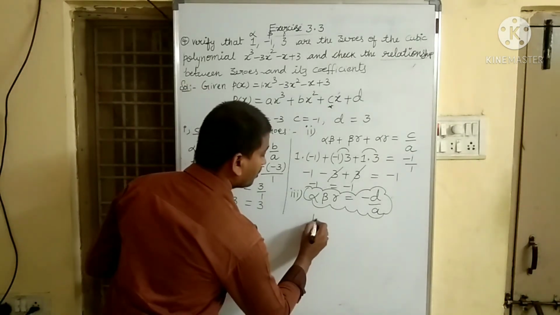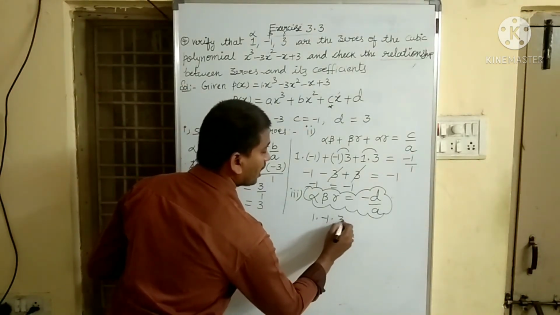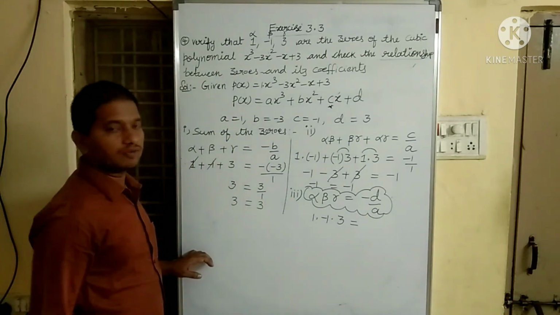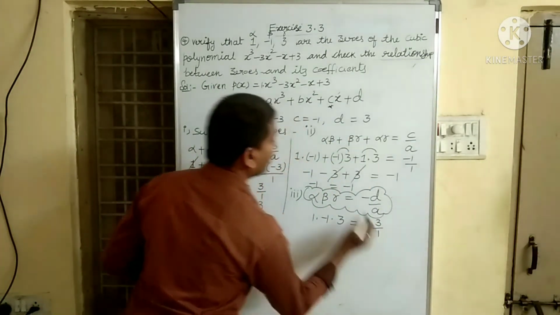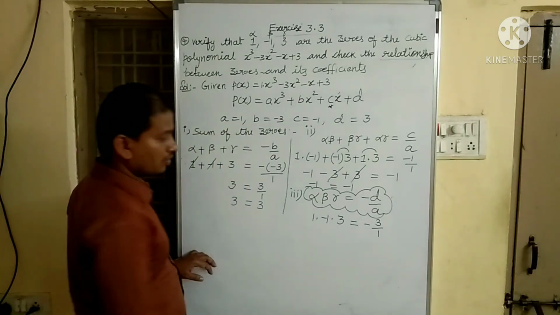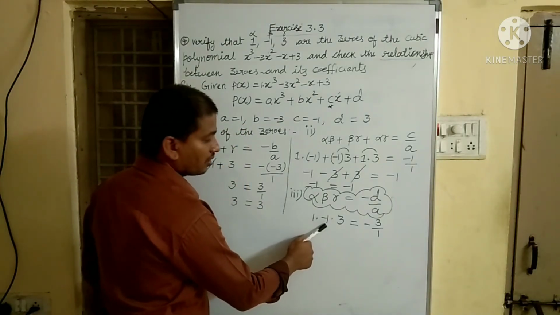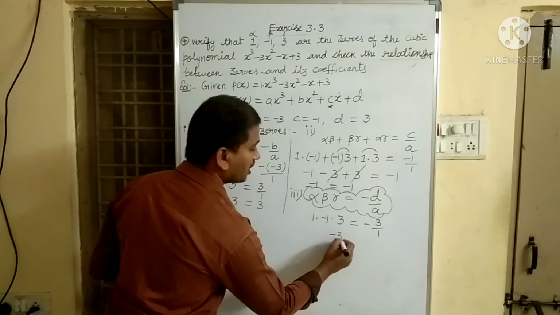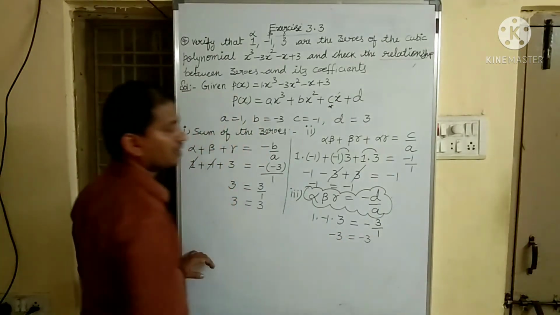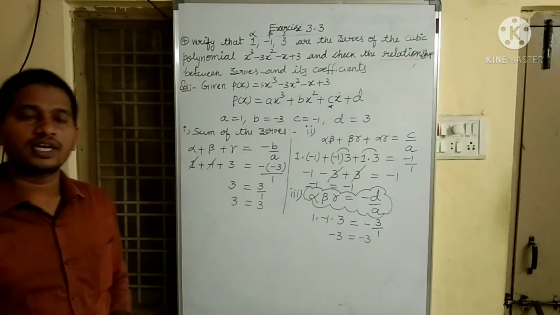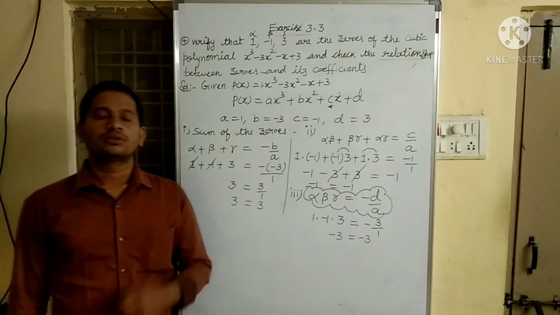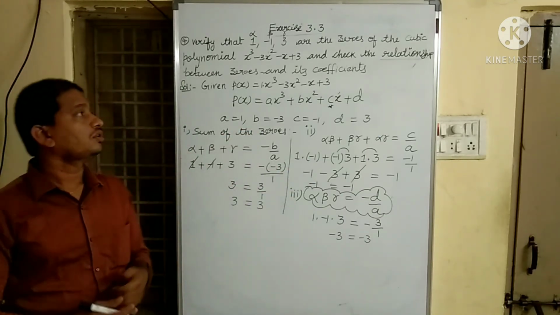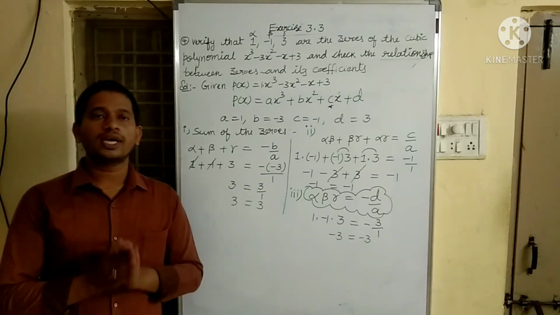Alpha value 1, beta value minus 1, gamma value 3, equal to minus d, with d value 3, by a, value 1. 1 into minus 1 is minus 1, minus 1 into 3 is minus 3, equal to minus 3. Hence verified the relationship. This is an important question. Try to solve it. You will understand each and everything. Okay? Thank you.